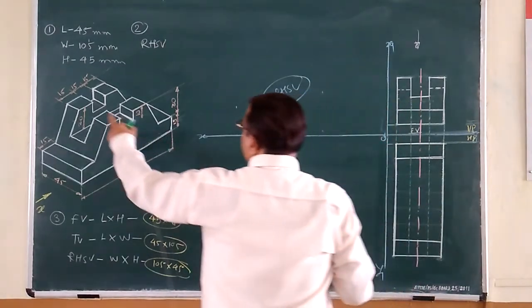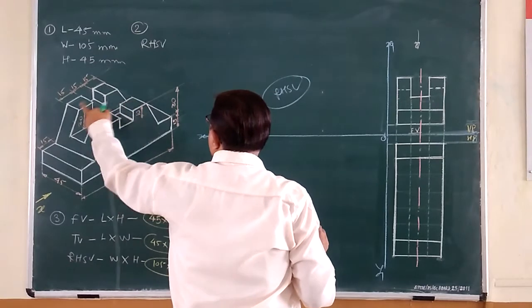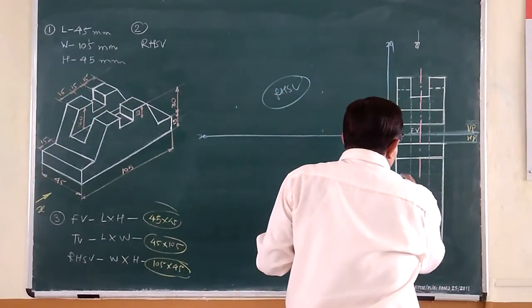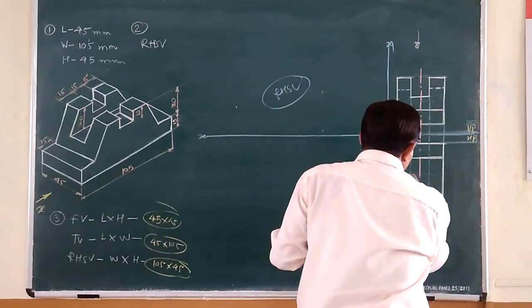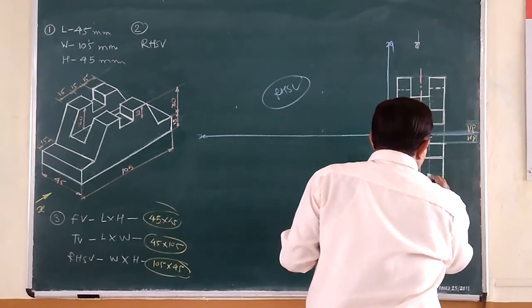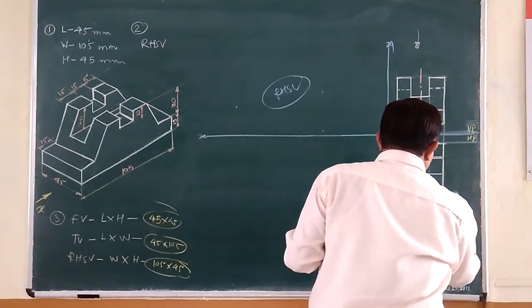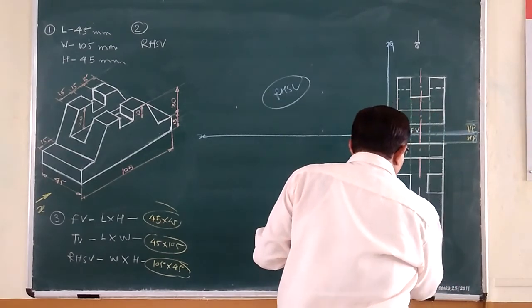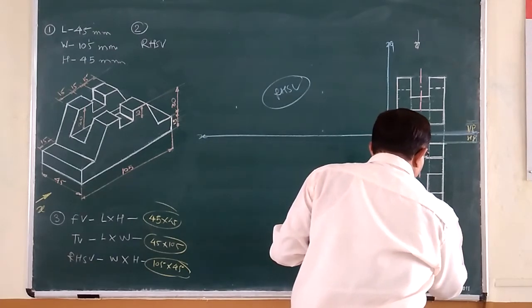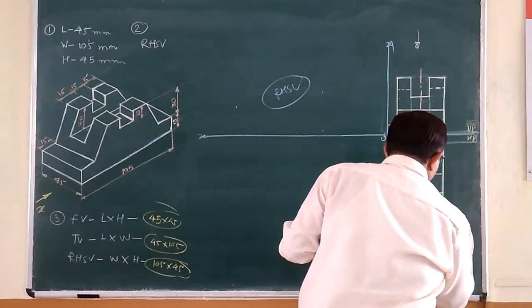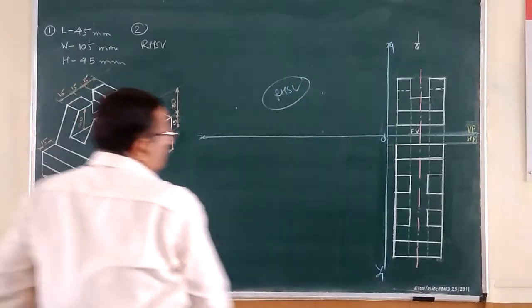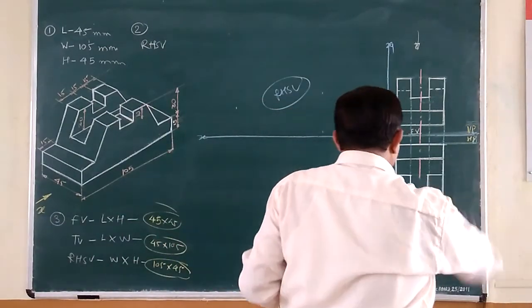We just have to finish 1, 2, 3, 4, the 4 tops of the middle part. Where are those located? Those are nothing but here. Yes, 1, 2, 3, 4.